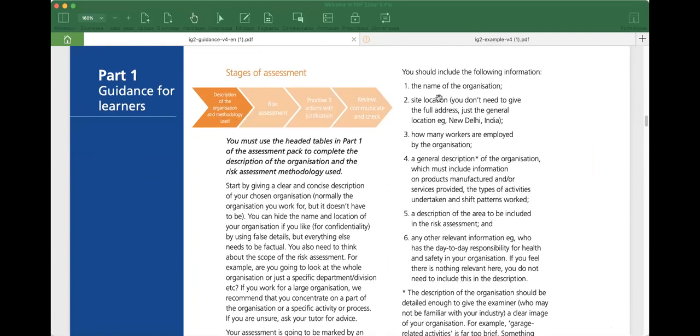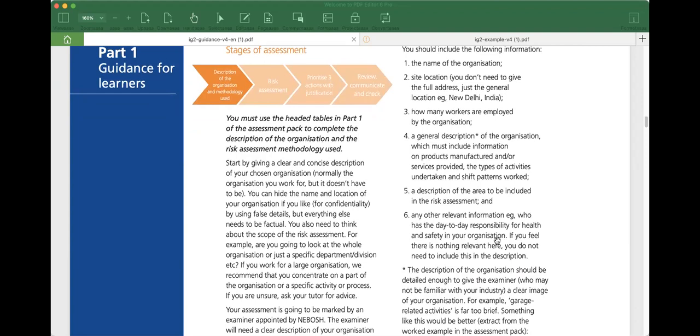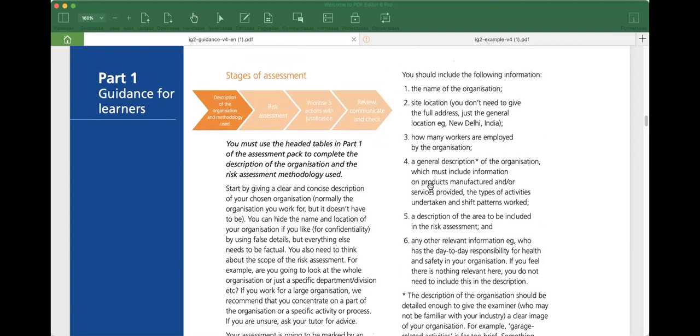I mean the part 1: name of the organization, site location, and how many workers are employed by the organization, the general description of the organization, which must include information on product manufactured or services provided, the type of activities undertaken, and shift pattern worked, and a description of the area to be included in the risk assessment, and any other relevant information like who has the day-to-day responsibility for health and safety in your organization. So now we can see all these 6 requirements in the example report.